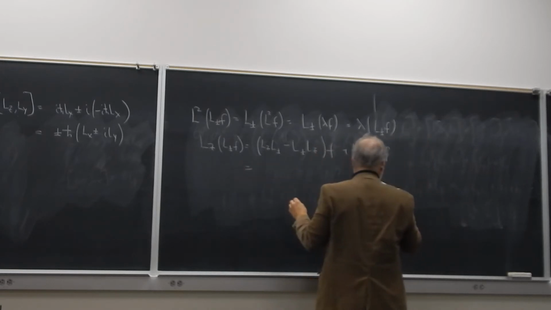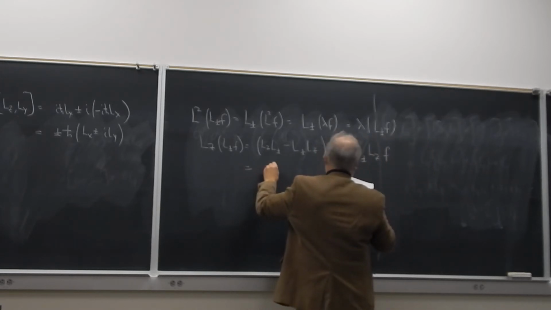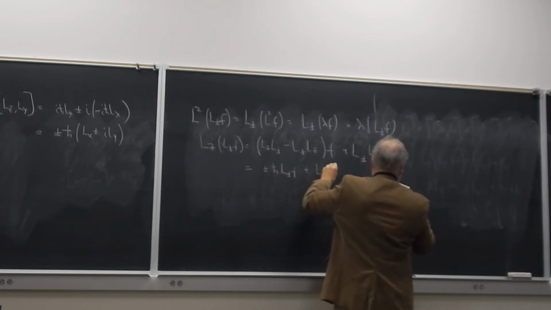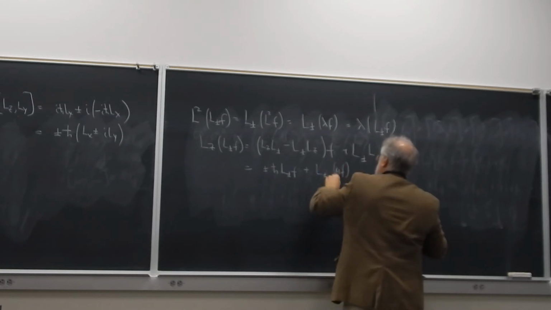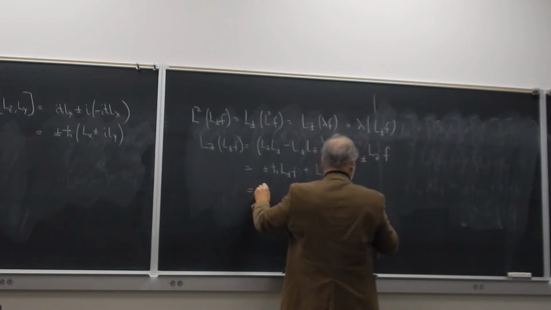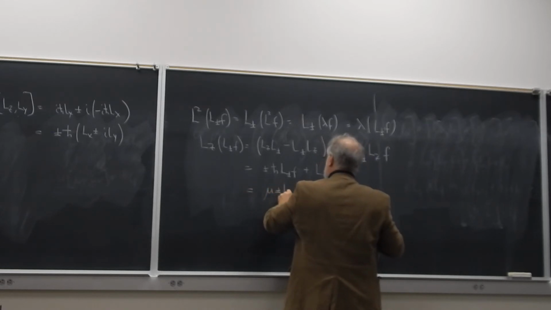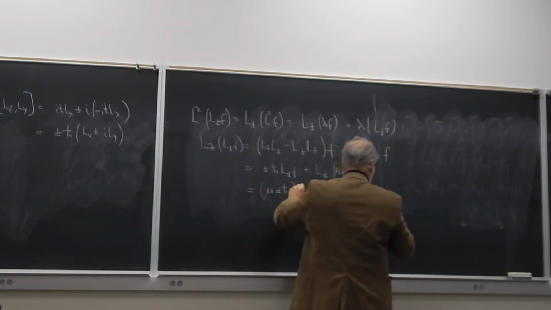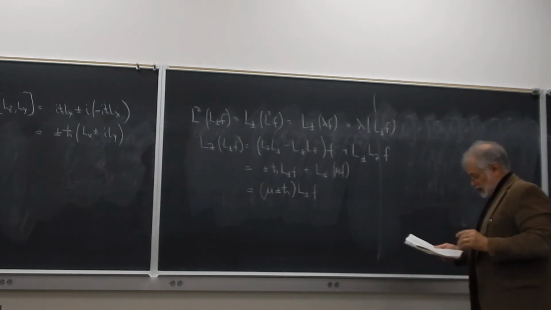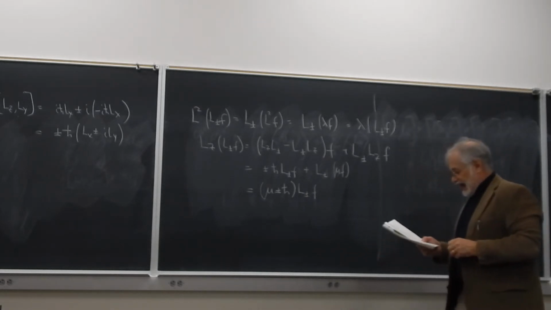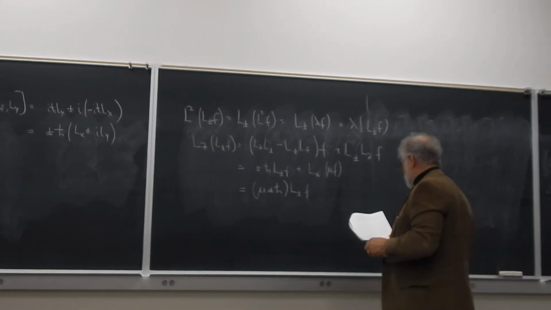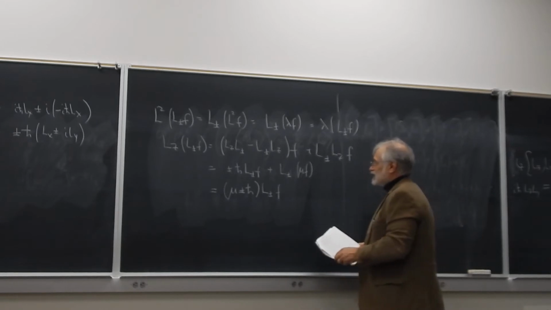If I work out those commutators, that's going to give me plus or minus ħ L plus/minus f plus L plus/minus mu f. Or it's equal to mu plus or minus ħ times L plus/minus f. So L plus/minus f is an eigenfunction of Lz with some new eigenvalue, mu plus or minus ħ.